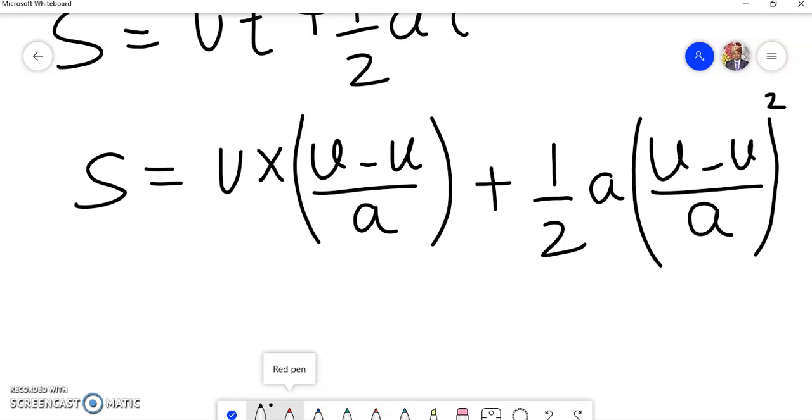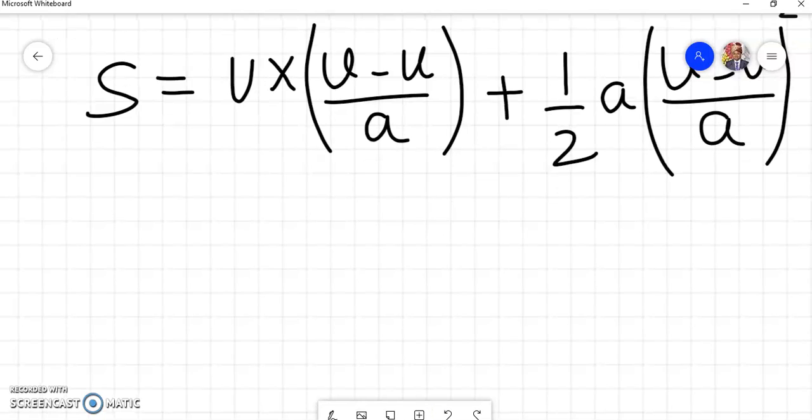Simply expand this relation and you will get an astonishing result. So simply we need to expand this and see the very good result.